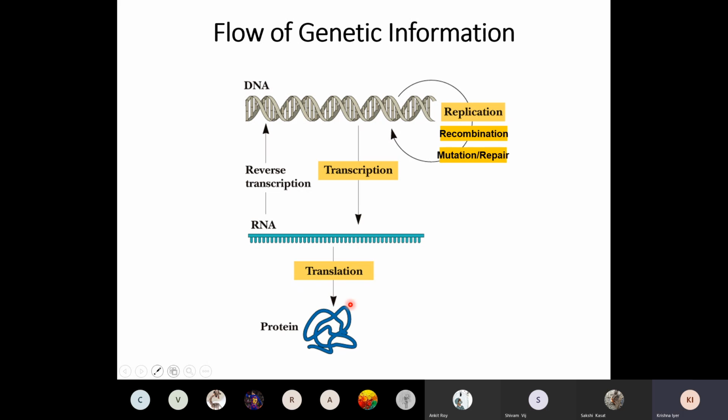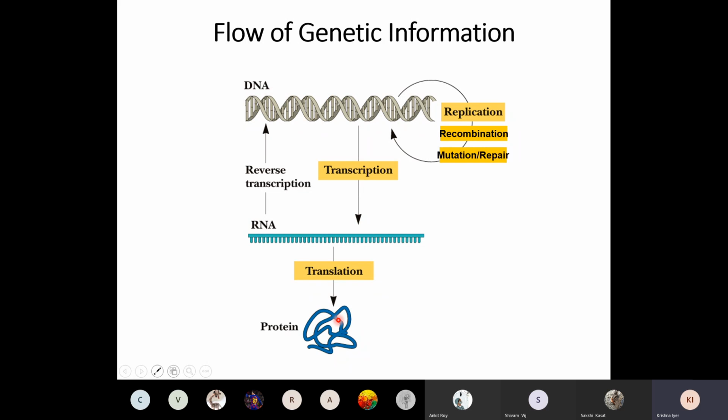But in addition, in nature there are some entities which have RNA as a genetic material, especially retroviruses, where RNA is converted initially to DNA and from there the information flow can occur in the same fashion.